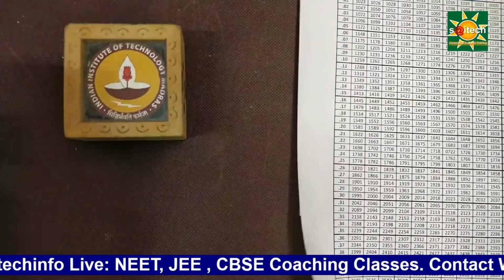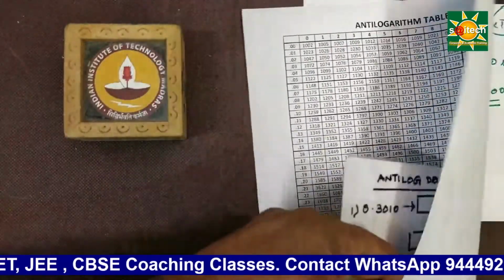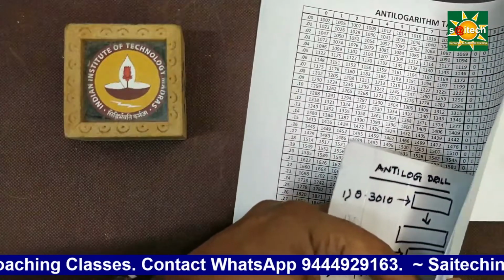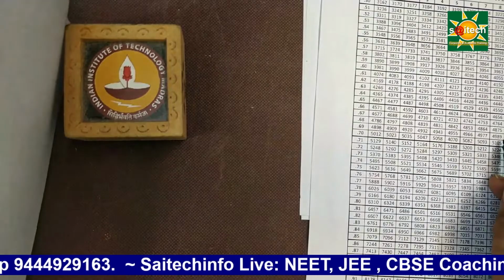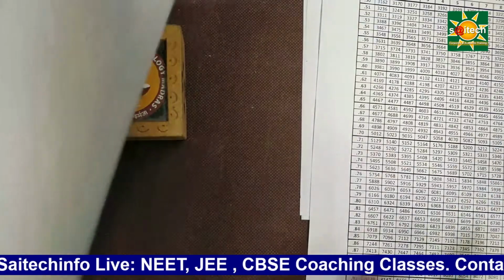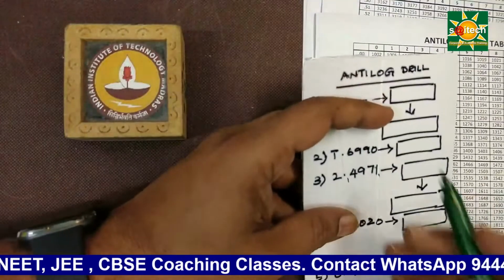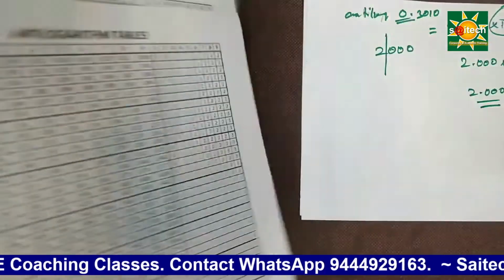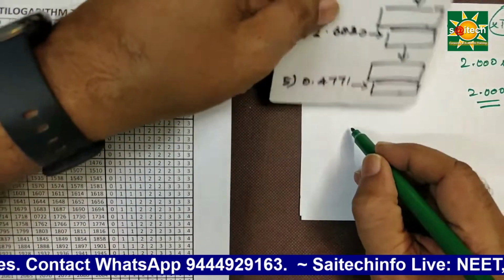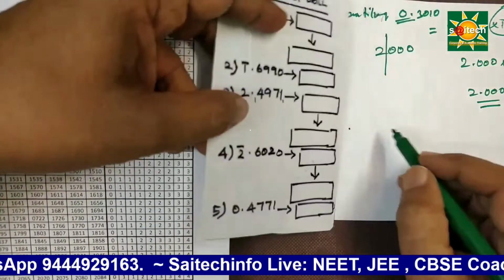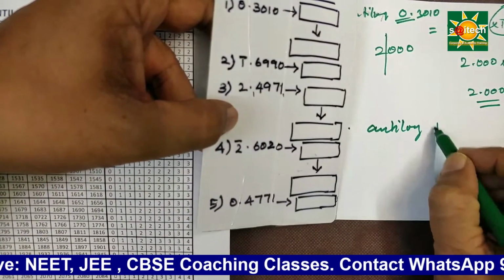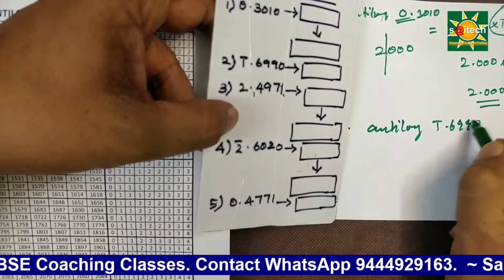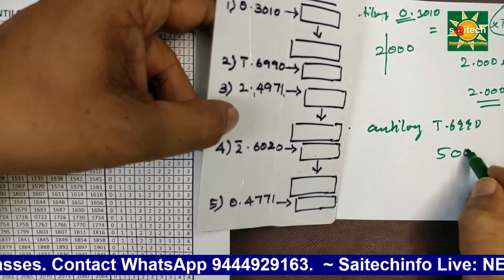And find out 1 bar 699069. So let us check the anti-log of 69. 9 means here. So 5000. So it means 5000. As I already mentioned, that is anti-log of 1 bar 990 means you have got 5000.